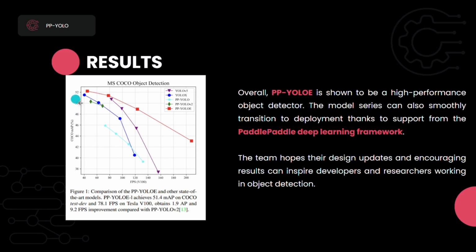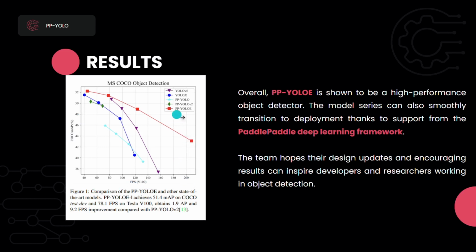And from the figure on the left side, we can see the results from the different versions of PP-YOLO and also some baseline models like YOLOx and YOLOv5. On the y-axis, we have, as usual, the mean average precision, and we have the frames per second on the x-axis.